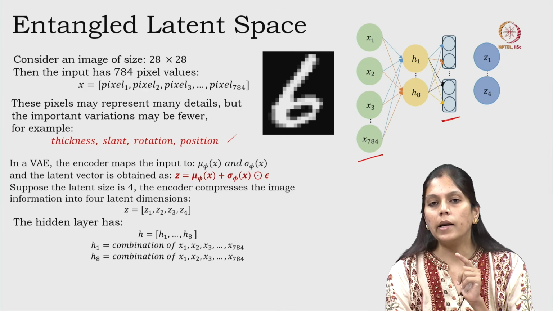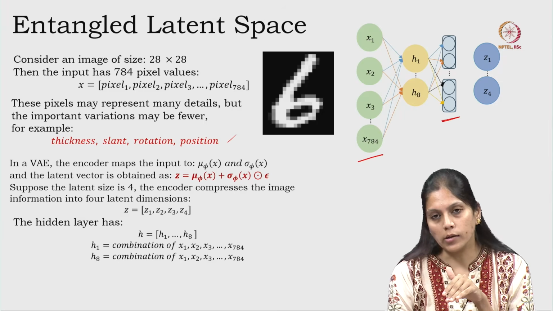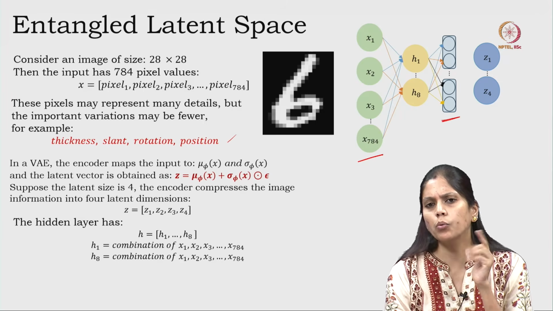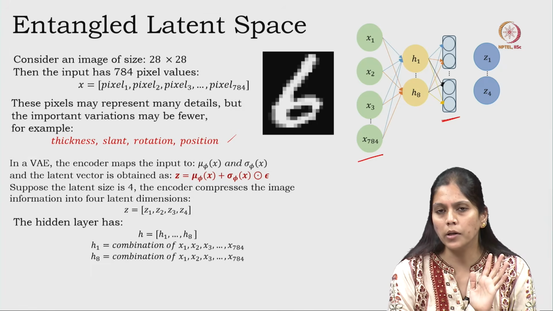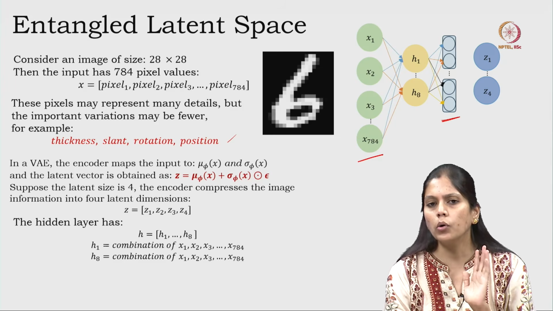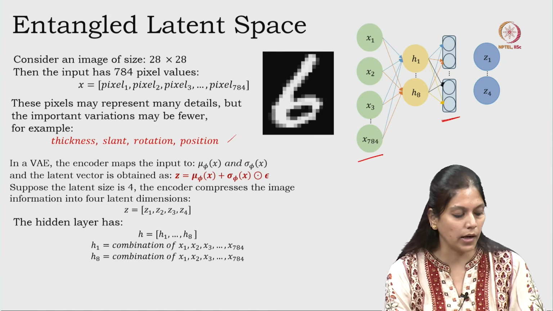Now, since the hidden layer has 8 neurons here, each of these 8 is the combination of all X1 to X784. Agree to this? Similar way, H8 is the combination of all X1 to X784.